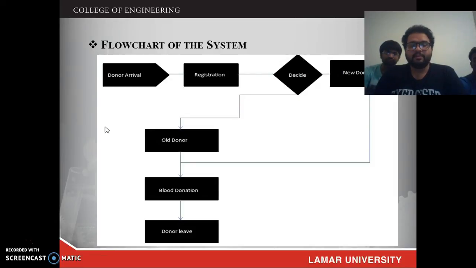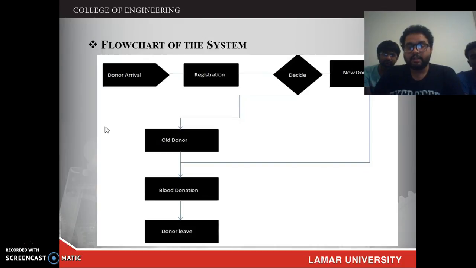This is a basic flowchart of a blood donation system. As I explained earlier, the blood donor comes to the center and goes to the registration station. At the registration station, one volunteer asks for his information, his name and data, and after getting the information, the volunteer checks whether it is a new donor or an old donor.